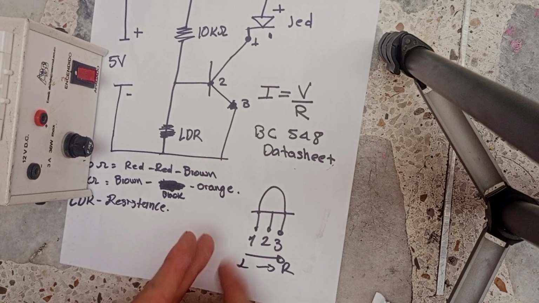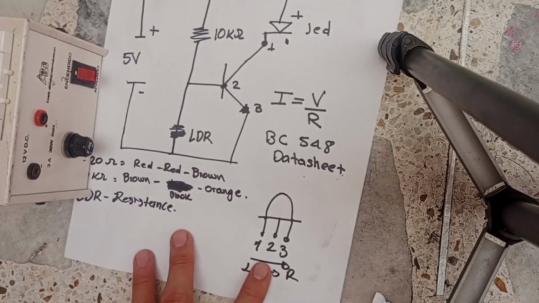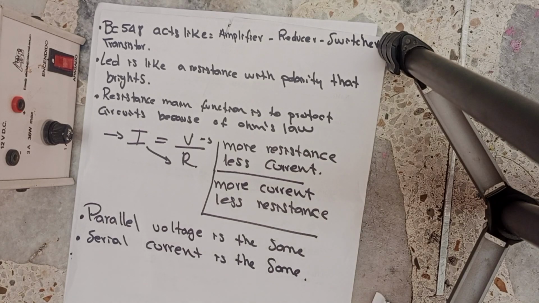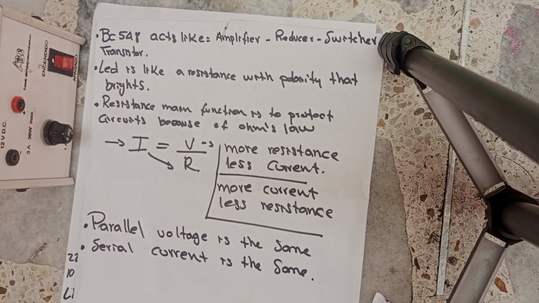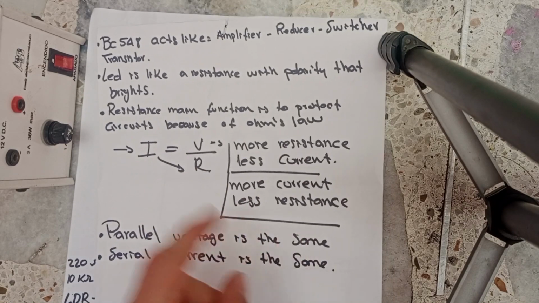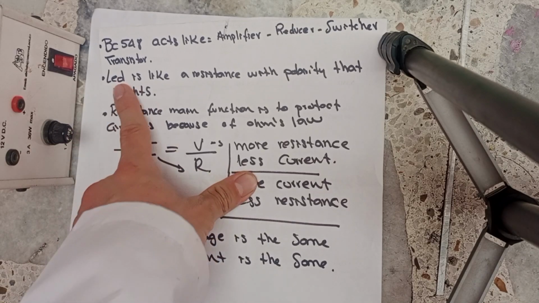So the next concept: what is the main function of the BC548? The main function is amplifier, reducer, and switcher. Those are the 3 main functions: amplifier, reducer, switcher.